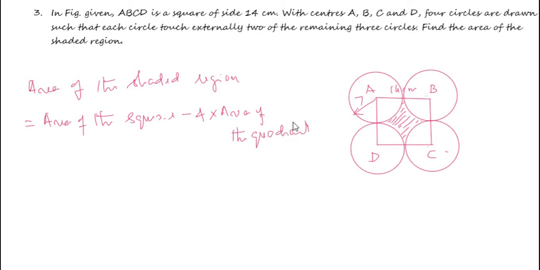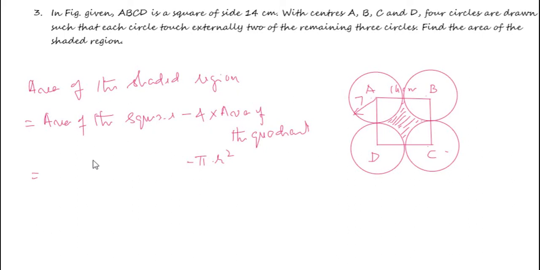Now area of the quadrant into 4 is nothing but area of circle with radius 7 centimeters. So this one I can replace with the pi into r square. 4 into quadrant is the total circle.